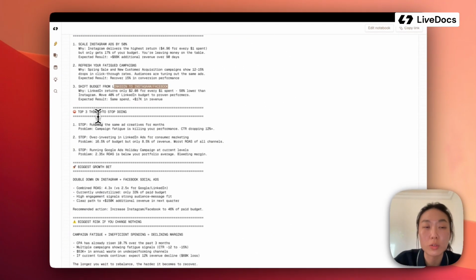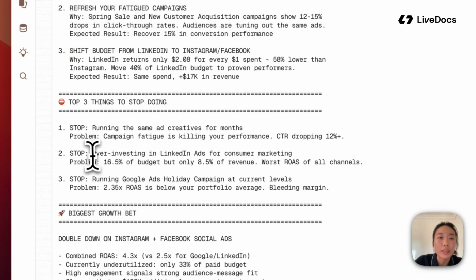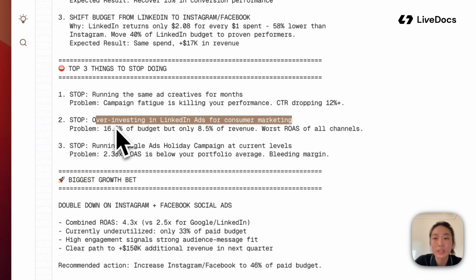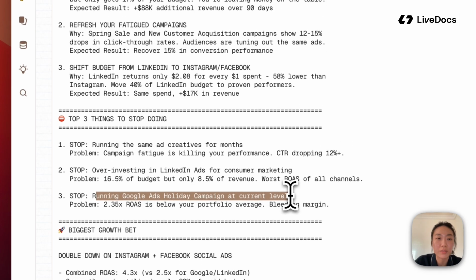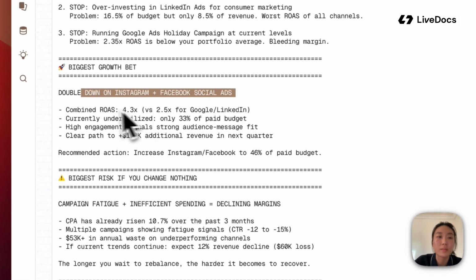Three things to stop doing: running the same ads for months and months, over-investing in LinkedIn ads, because as we see, LinkedIn doesn't really have a good return on ad spend, and running the Google Ads holiday campaign. We have mentioned many times Instagram and Facebook ads.